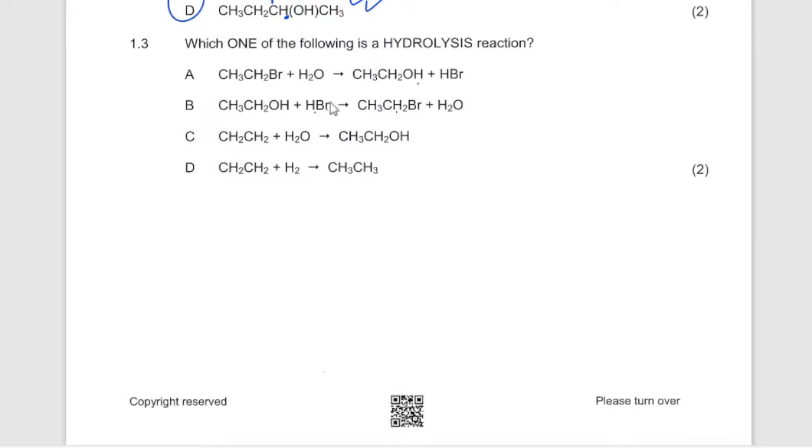This can't be hydrolysis because you are not adding water there. You see this and this is the same reaction, but it's a reverse reaction. So this is hydration, and then this is obviously not, because we're not adding water there. So this one becomes the most correct answer.